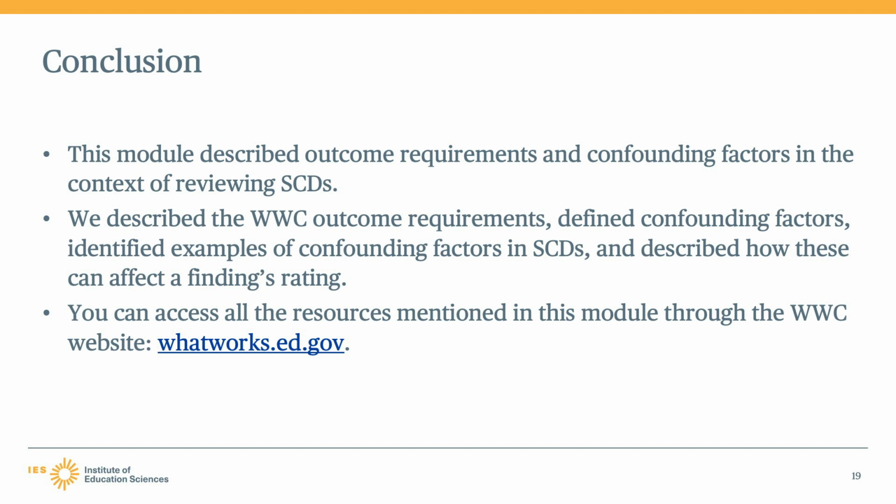And finally, we described how these two non-design components, outcome requirements and confounding, can affect a single case design study's final research rating. The next module in the training series focuses on how WWC reviewers arrive at a research rating for findings from single case design studies.